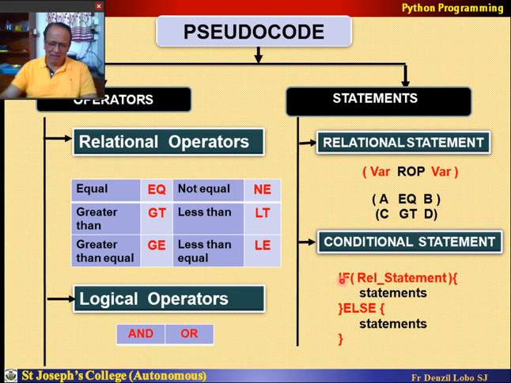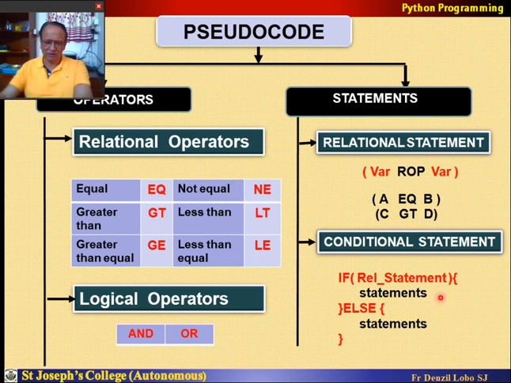I'm asking, if this relational statement is true, then you execute this statement, or else you execute the other statement. So this is the first set of conditional statements, which selects between 2 options, this or that, either or. Only 2 are possible.